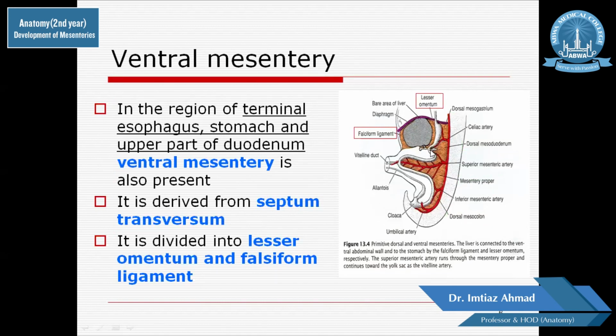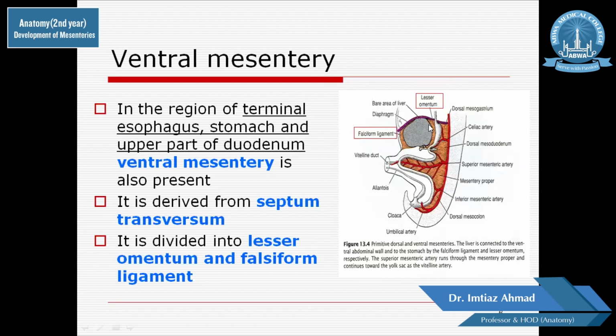As I told in the opening remarks, in the upper part of the gastrointestinal tract, the organs are connected to the anterior abdominal wall as well. And this is known as the ventral mesentery. So in the region of the terminal esophagus here, the stomach and upper part of the duodenum, there exists ventral mesentery as well.